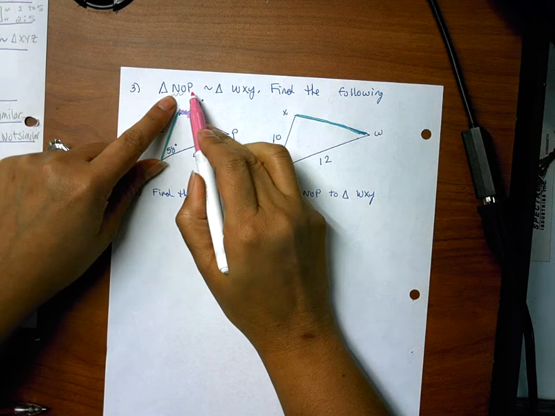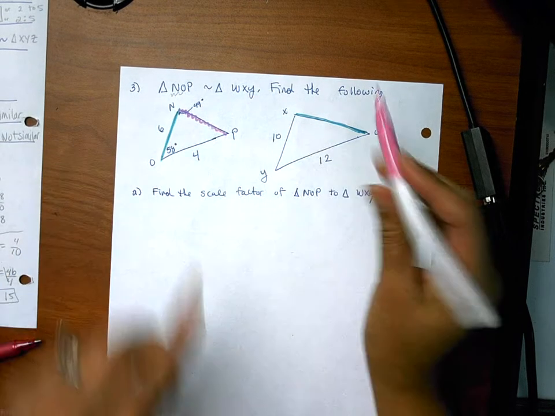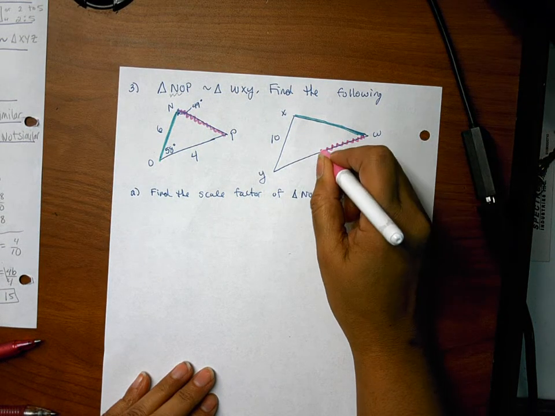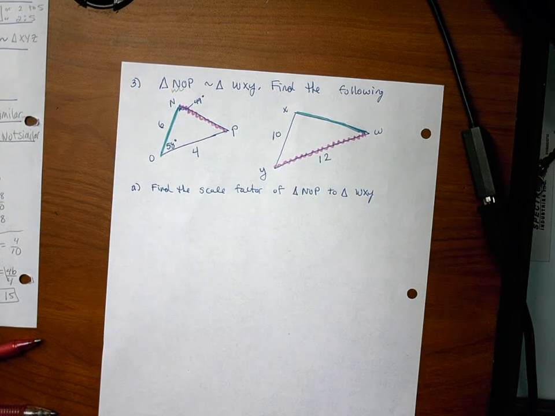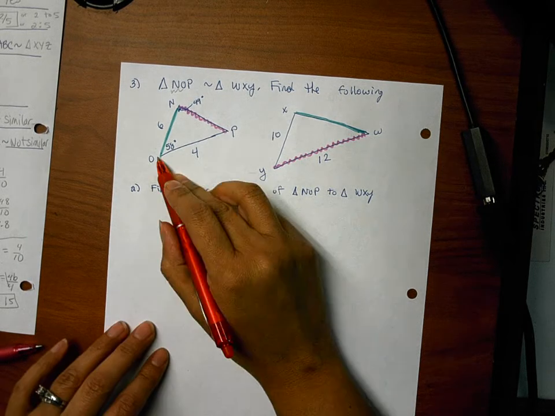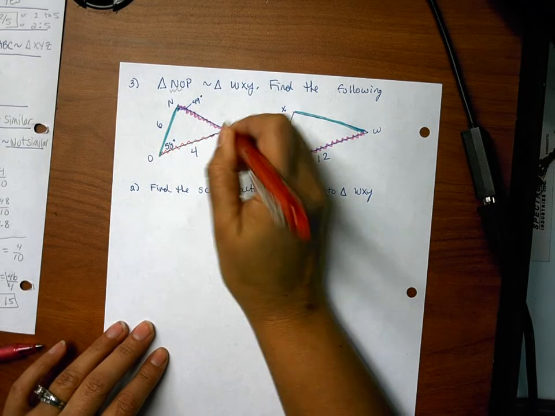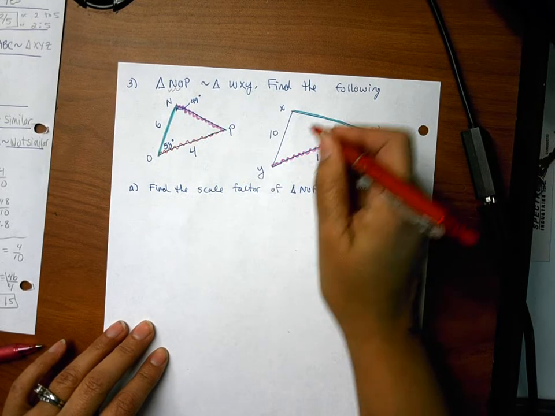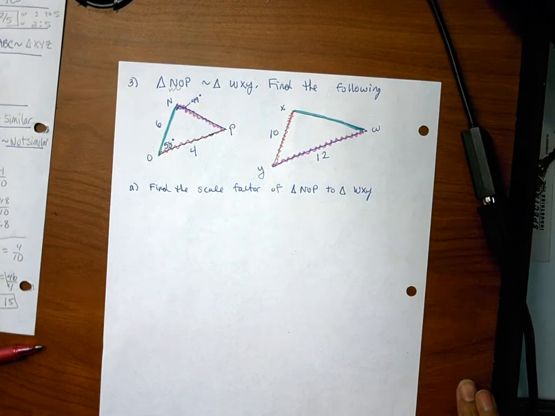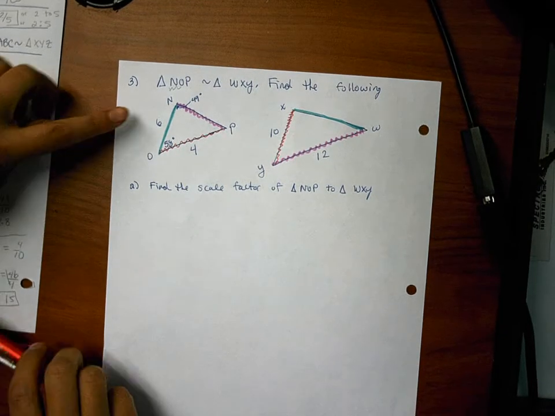I have N and P, that's the first and last, WY. All right, and let's see if the last one matches up. I'm trying to find a color I haven't used. OP and XY. All right, so it all matches up.